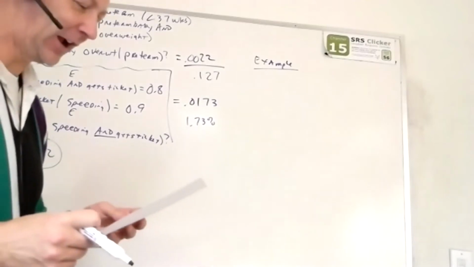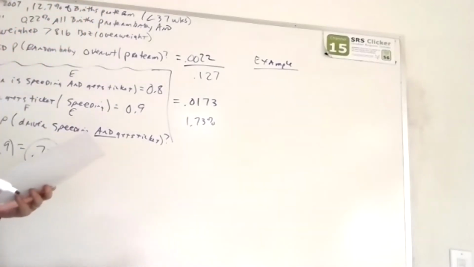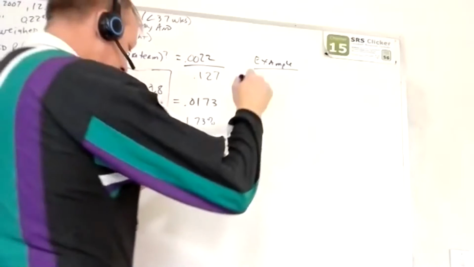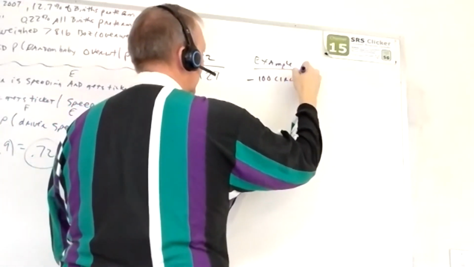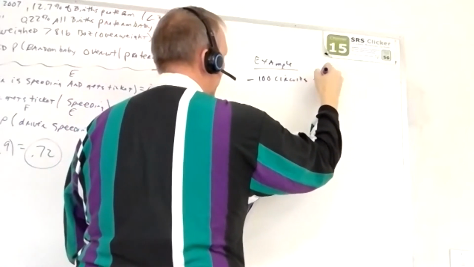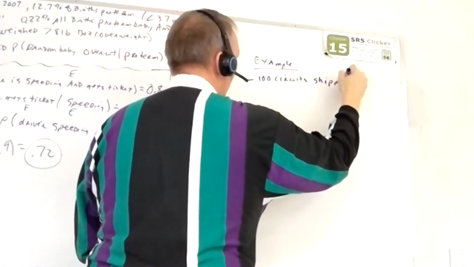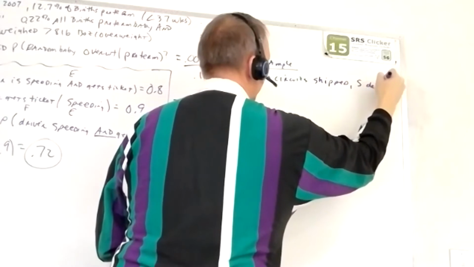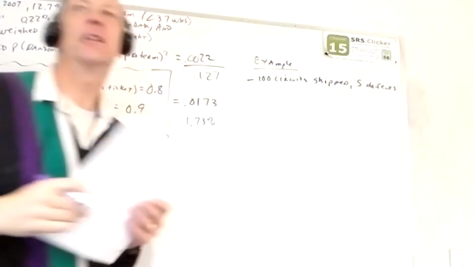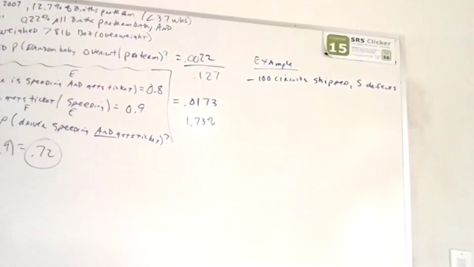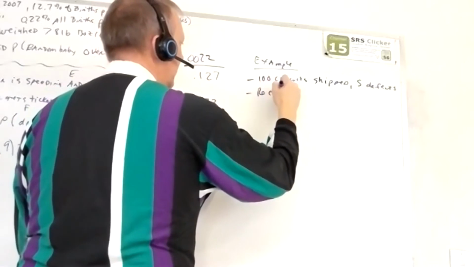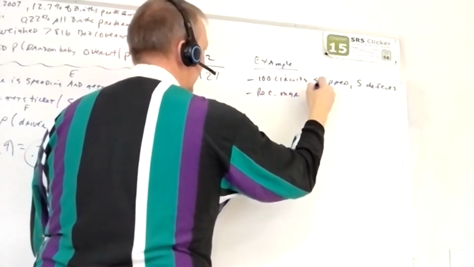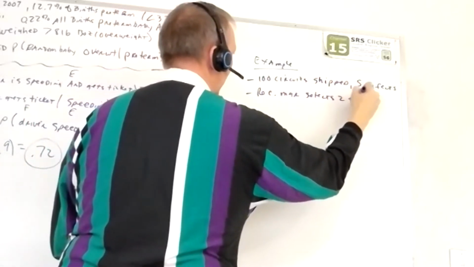Anyway, all right. So, example here. We've got 100 circuits shipped and 5 are defective. Of course, you don't know that when you're doing that, but let's say that that's really what happened. Okay? All right, so the receiving manager selects 2 and tests.